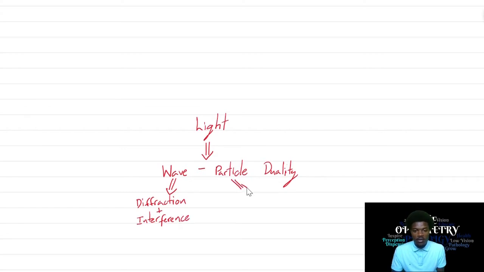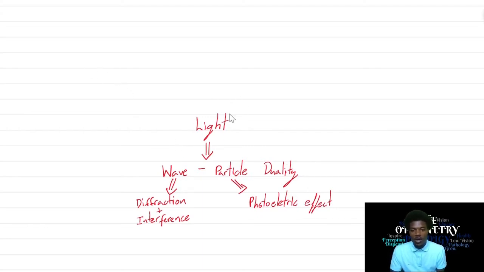When we talk about particles, though, we talk about how light has the ability to indicate the photoelectric effect. And when we talk about the photoelectric effect, we are talking about simply the emitting of photons, possibly from a surface, as light hits a surface at a specific frequency.